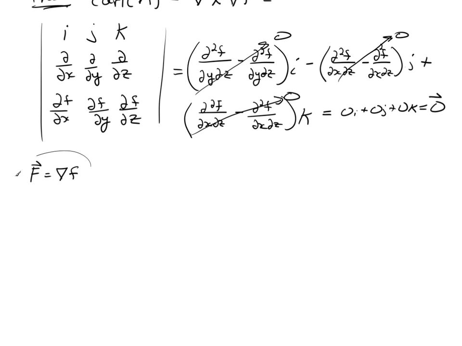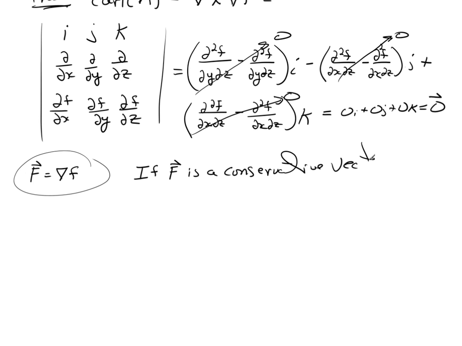So with this idea, we can rephrase this last theorem and simply say that if F is a conservative vector field, then the curl of F is going to be equal to 0.